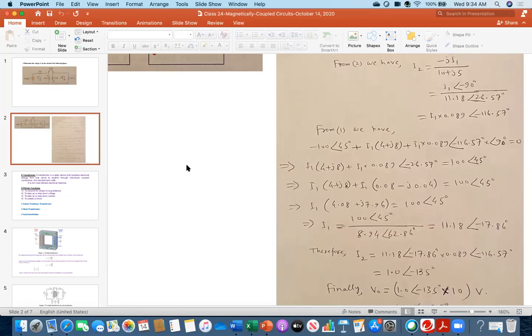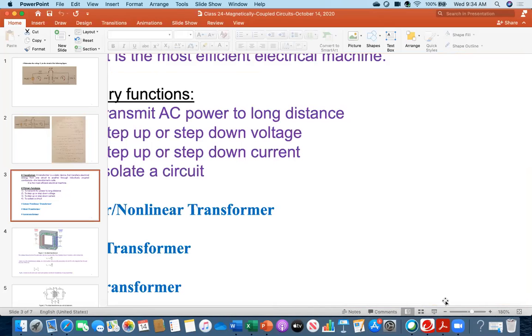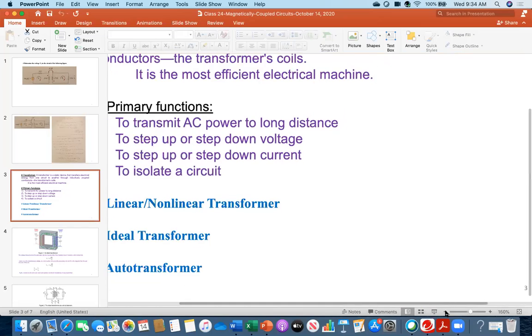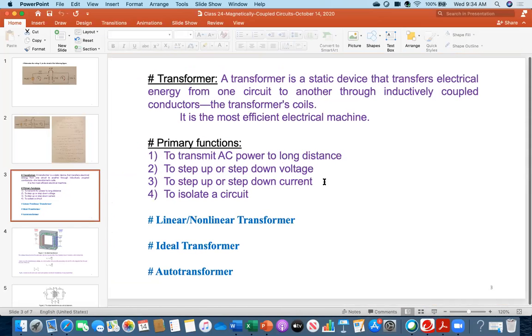Okay, so moving forward. Now we will look at one concept which is called the transformer. I think everybody knows this term, right? The transformer is actually the most efficient and most effective piece of electrical equipment. We call it an electrical machine.